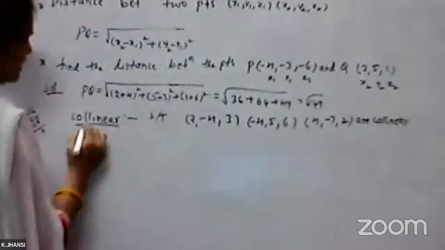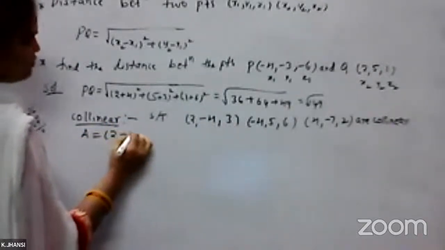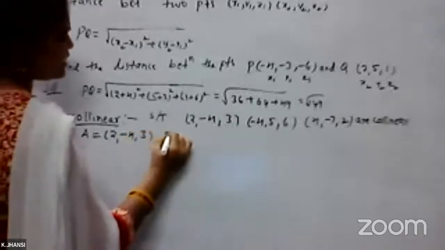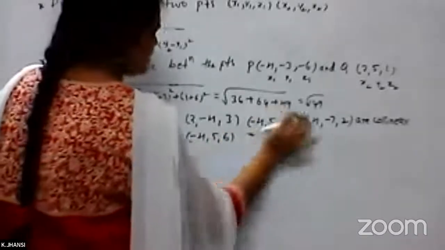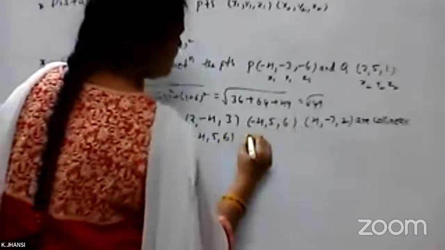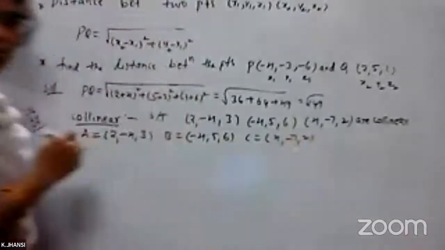Here we can represent the first point as A, it is 2, minus 4, 3, the second one B is minus 4, 5, 6, and C is 4, minus 7, 2.